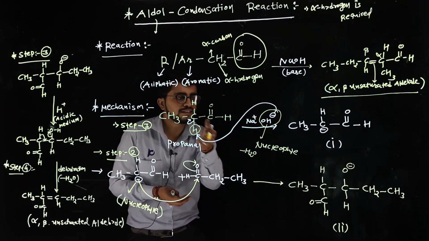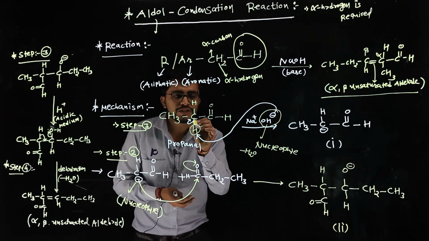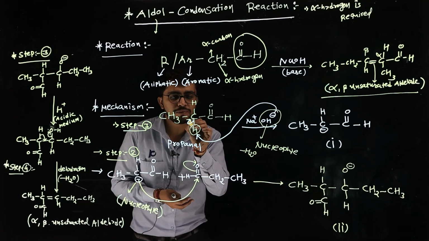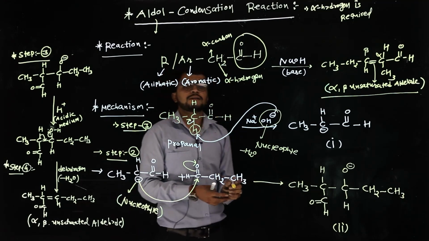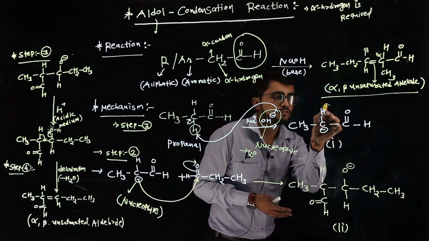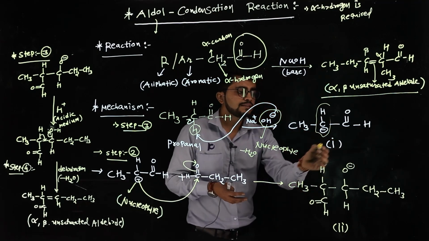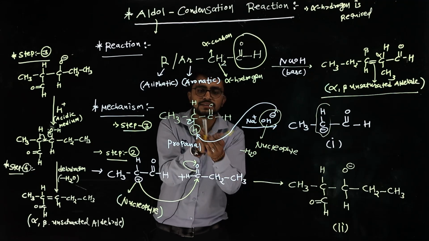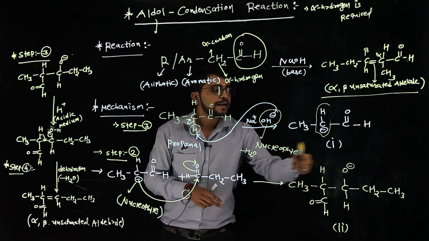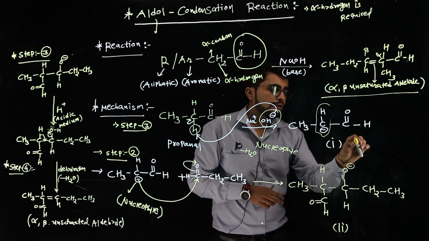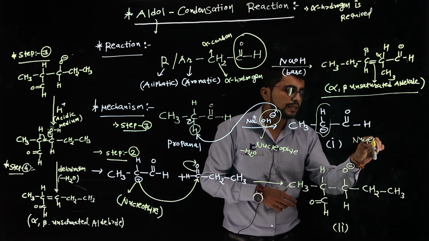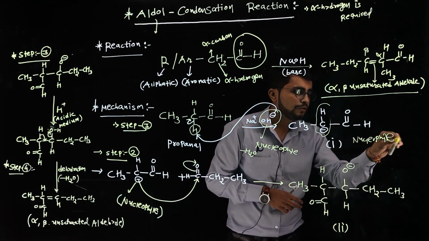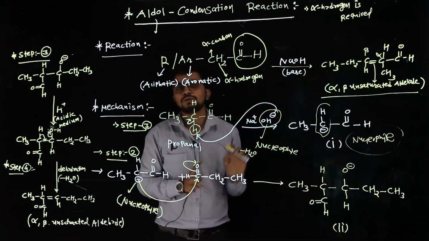The water molecule is removed on this side and the electron pair transfers to this carbon, forming a nucleophile. This is the first step: the base reacts with the alpha hydrogen and a nucleophile product is formed.